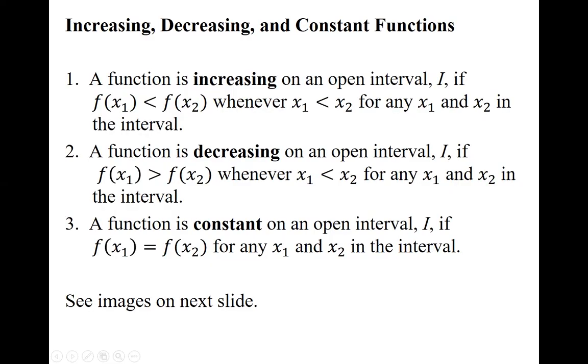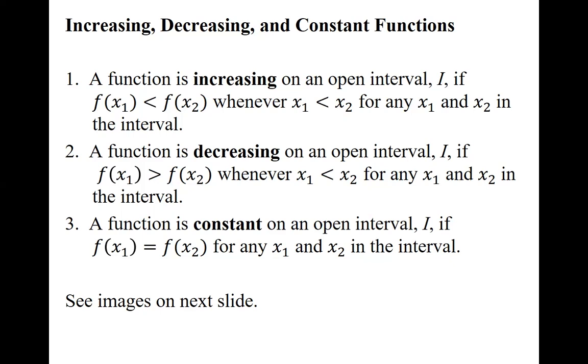So a function is increasing on an open interval I if f of x1 is less than f of x2 whenever x1 is less than x2 for any x1 and x2 in the interval. What does that mean? Don't worry if you didn't follow that.